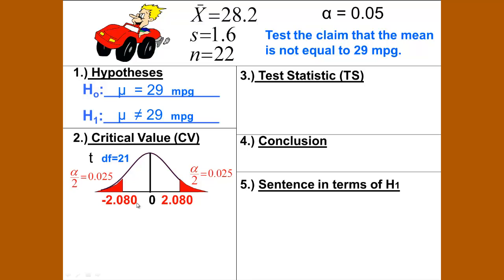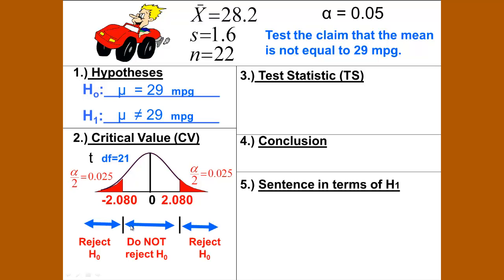Now notice what that does. That gives us three total regions, two that are shaded and one that is not. So that gives us two lines in the sand, three regions. We have two shaded regions, which will be the reject regions, and the one in the center, which would be the do not reject region. Let me say that.